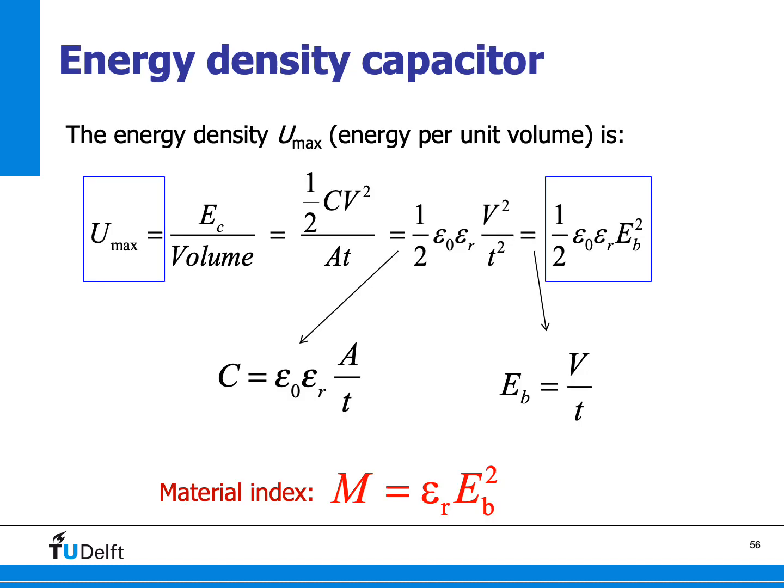Now what's the energy density of a capacitor? So the energy density, if we call it U max, the energy per unit volume, it's simply the energy of the capacitor divided by its volume, and we can also write that as half CV squared divided by the volume here, the A, the surface area, and the thickness T. And we can also, with the equations previously shown, write it like this and then subsequently like that.